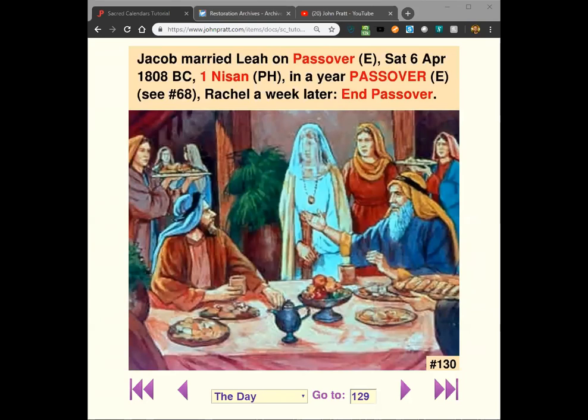So all of the 12 tribes of Israel, 12 children, one of them's a girl, Dinah. Benjamin's born later. So it's 11 boys and a girl born in the holy week of years called Passover. That to me is awesome. If you know how we've talked about how the years are measured, this can't be fudged.